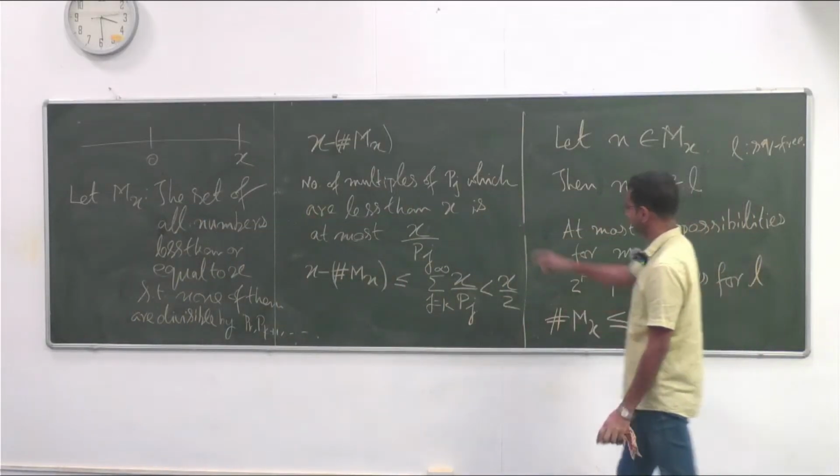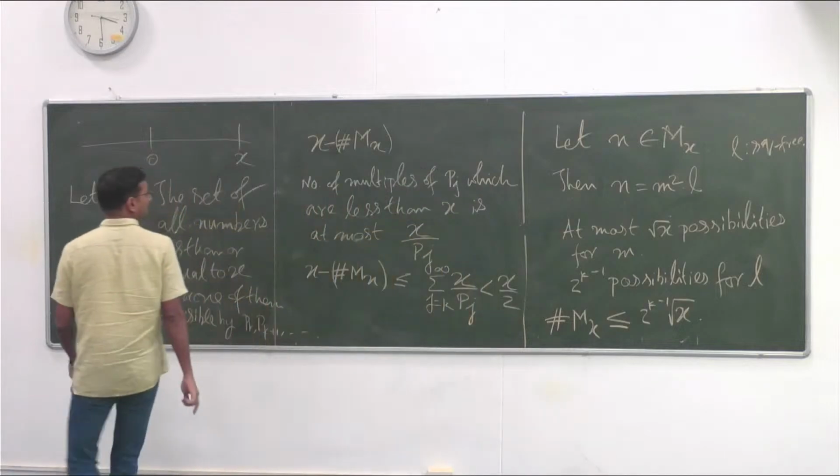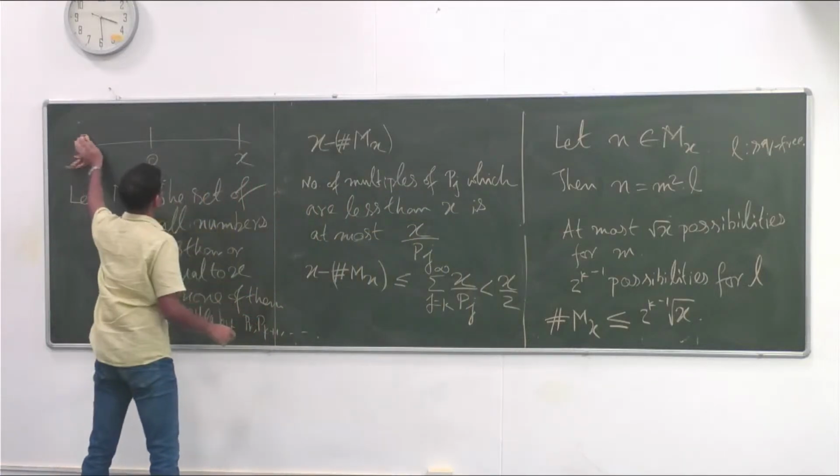All right. So x minus this is less than x by 2. Now what happens if you take it to the... okay? What have we obtained here?